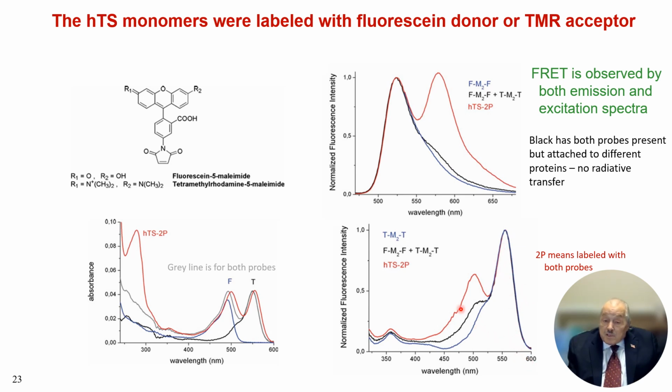In the absorption spectrum of the fluorescein-labeled one alone, you'll see the fluorescein absorption spectrum. When you have both probes there, you see the absorption of the rhodamine plus the absorption of the fluorescein.